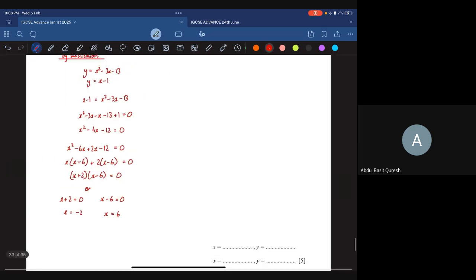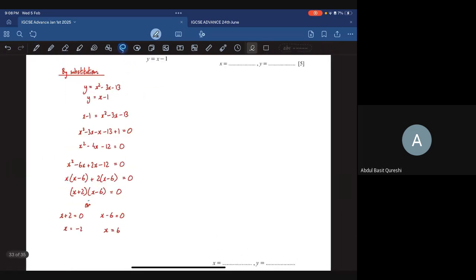Now, once you have found the values of x, regardless of which equation you put these values of x into, you're going to get the same answer for y.